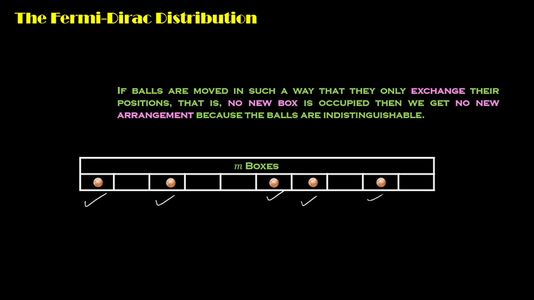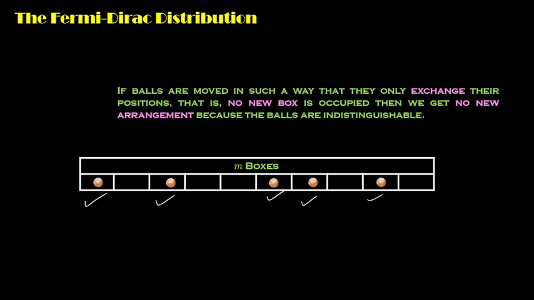So first we consider how we do not get any new arrangement when the balls are moved from one occupied box to another. Here the ball is moved from one occupied box to another occupied box. And see, this is no new arrangement, it is just the arrangement that we previously had. In spite of the fact that balls have been moved, balls have changed their boxes, we have no new arrangement.